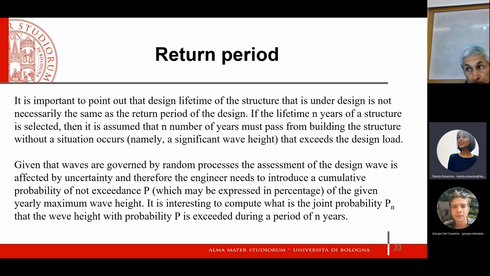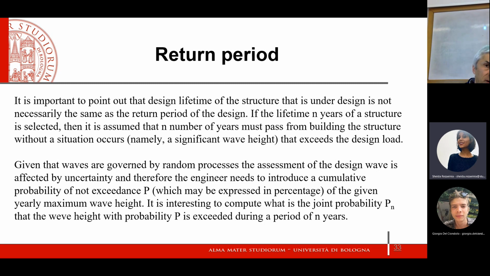And also, there is a mathematical reasoning that we can make, which helps us to understand the relationship between the expected lifetime and the return period. So, are we willing to accept that during the expected lifetime, one given event occurs with high probability, or do we want to reduce the probability?